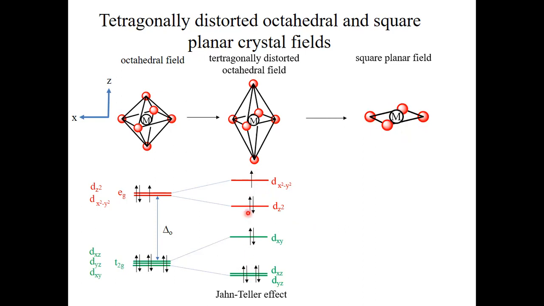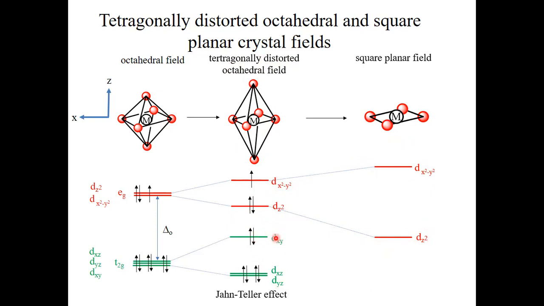So now, in the case of a square planar complex, how would our orbitals move in energy, starting out from the tetragonally distorted complex, where the energy of the dz square orbital should further decrease, and the energy of the dx square minus y square orbital should further increase? Here the energy of the dx square minus y square orbital has further increased, and the energy of the dz square orbital has significantly decreased.